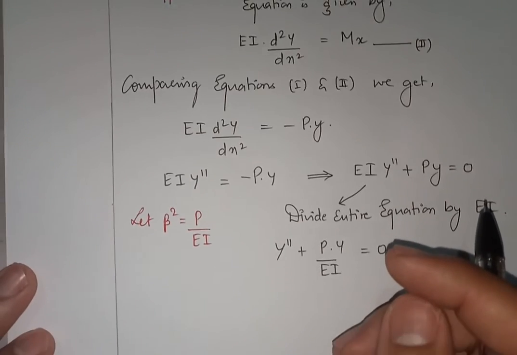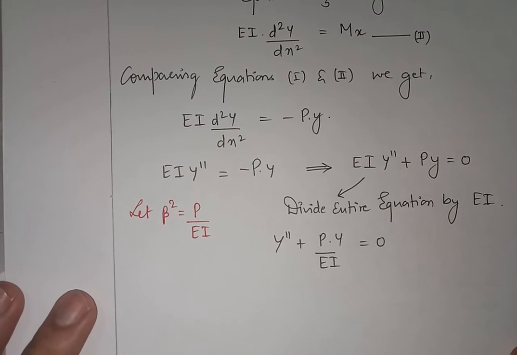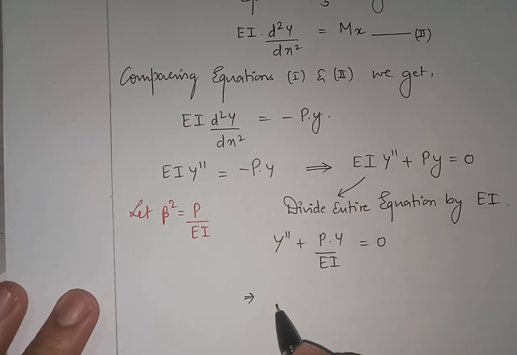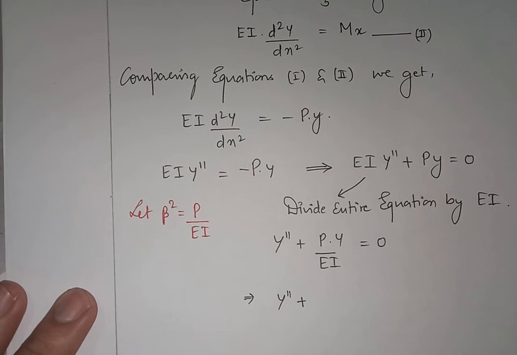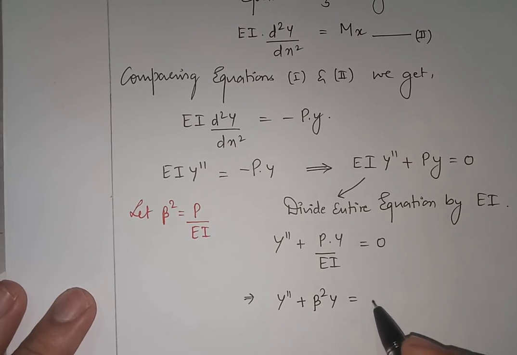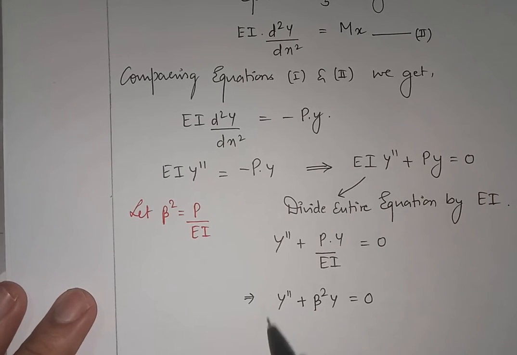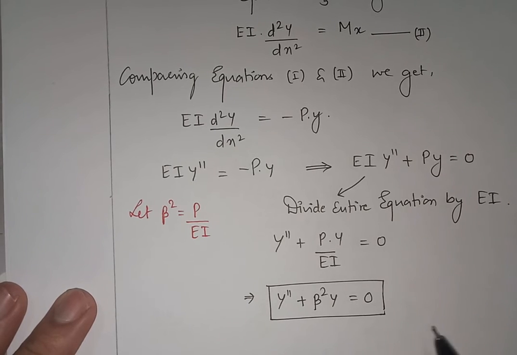But I have already assumed that beta square is equal to P by EI. So putting the value of beta square, it is y double dash plus beta square y is equal to 0. Right? So I got one differential equation.